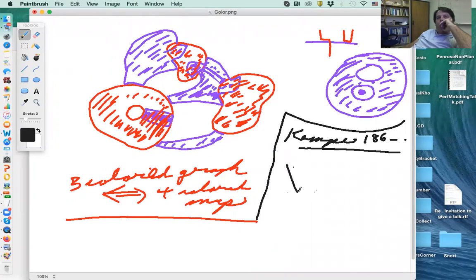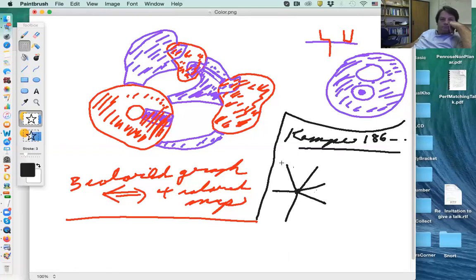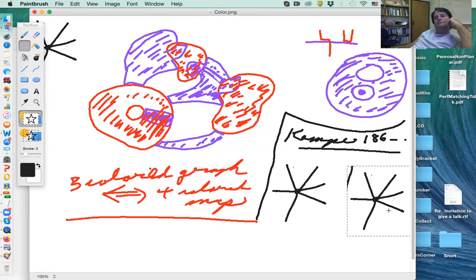So you might have somebody like this with quite a number of edges coming into a vertex. And Kempe said, yeah, but it will be sufficient to color this. There it is. Oh, I made another one up there too, didn't I?